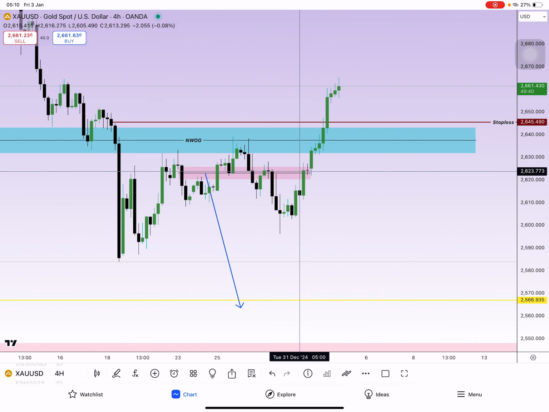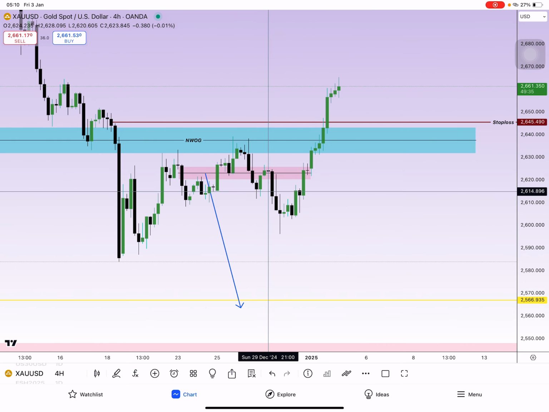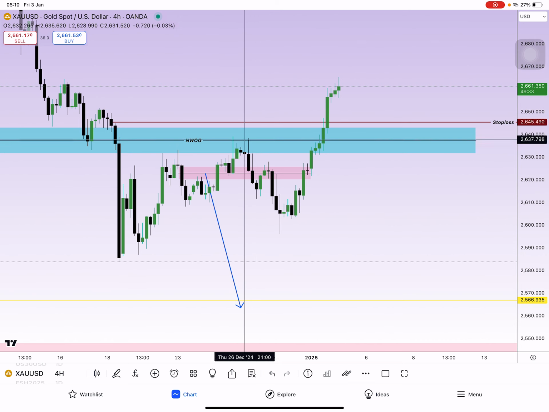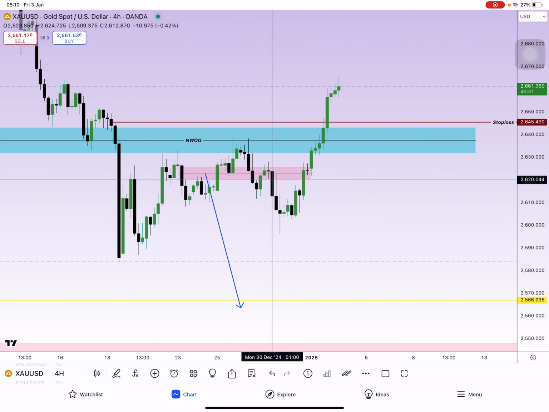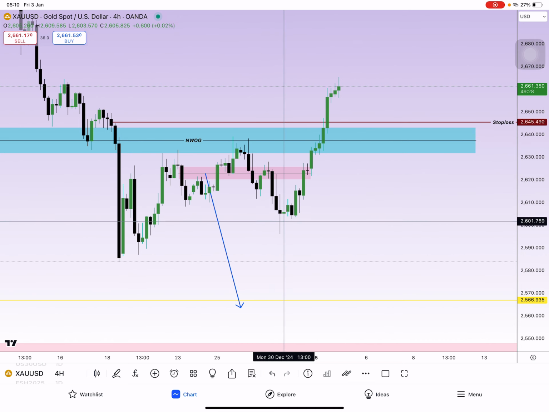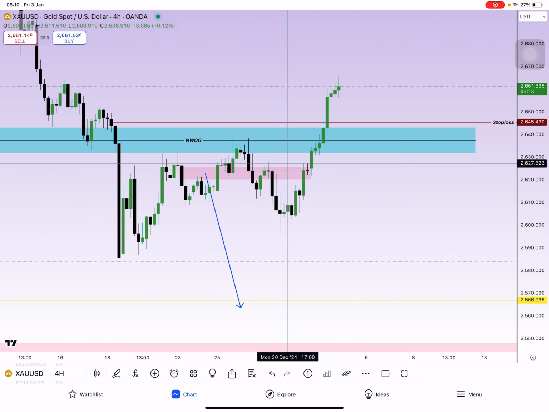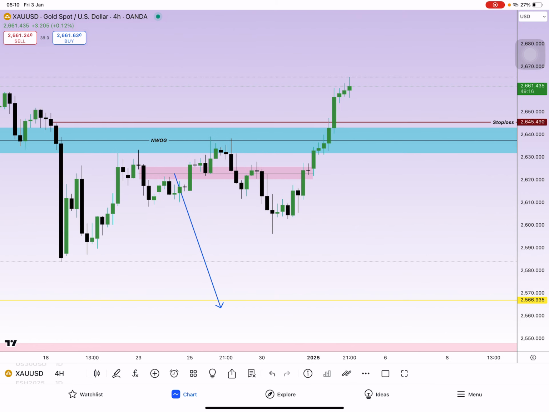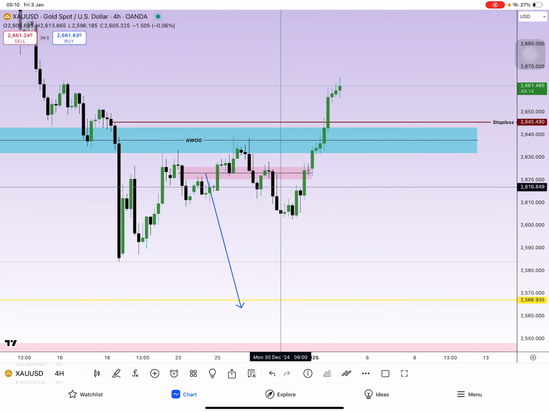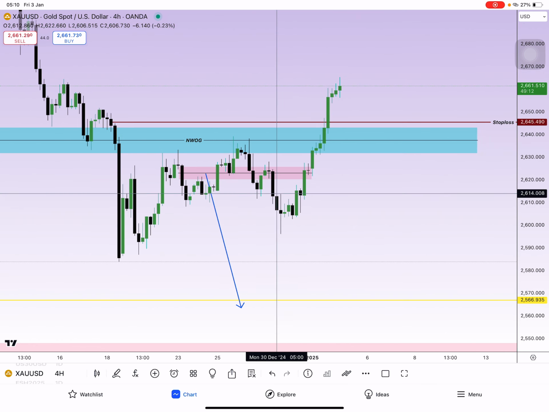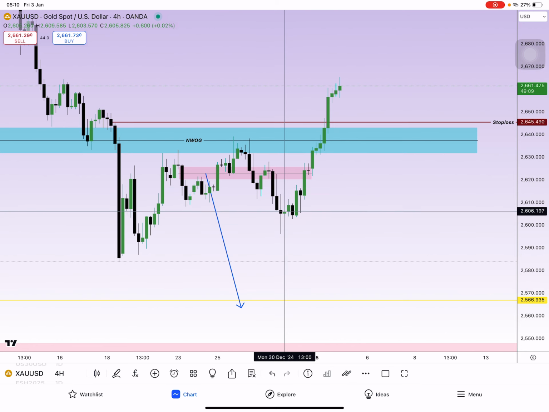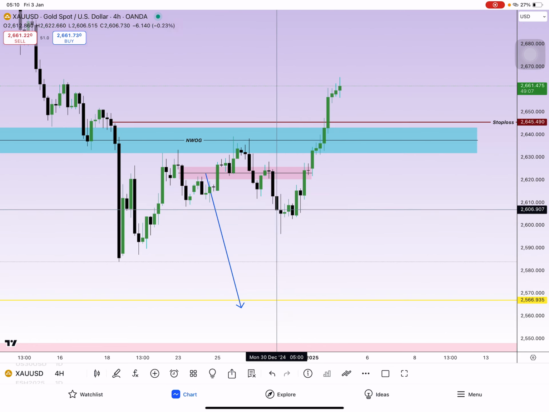So I wasn't updating it here or live anywhere, but on my own account, when it came back from the drawdown into the entry, it tapped this fair value gap again and started moving lower. When this move was happening, I moved my stop above this high, above the entry, a little bit higher, and it was like 10% of my trade left, because I closed some around here, and the rest was floating profits here, but I didn't close them.